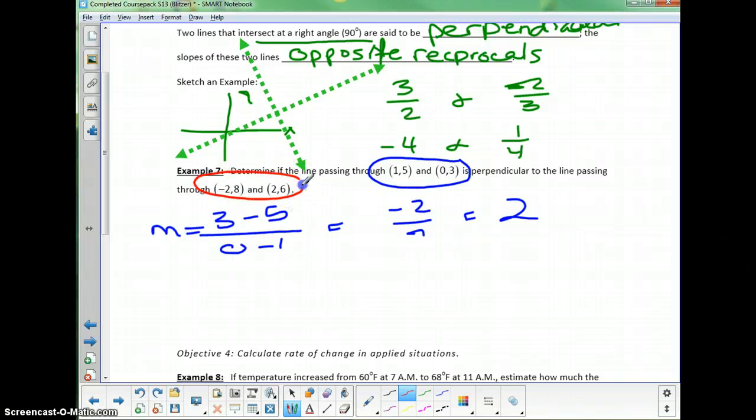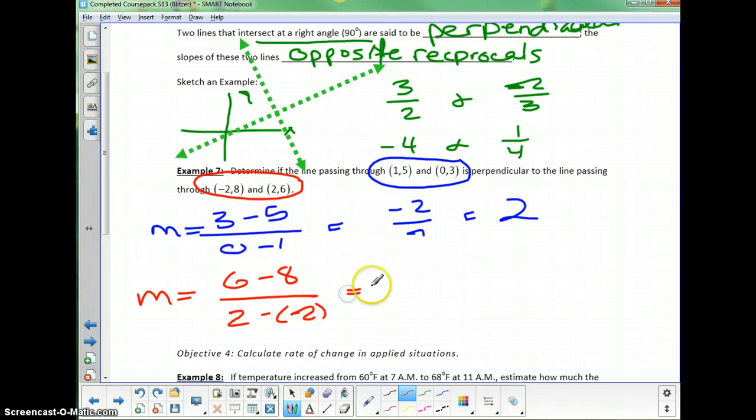And for the other two ordered pairs, the slope is going to be 6 minus 8, y2 minus y1, over x2 minus x1, which is 2 minus negative 2. So we have negative 2 divided by 4, or negative 1/2. These are opposite reciprocals. 2 is 2 over 1, so when you flip it you get 1/2. One's positive, one's negative. So the two lines are perpendicular.